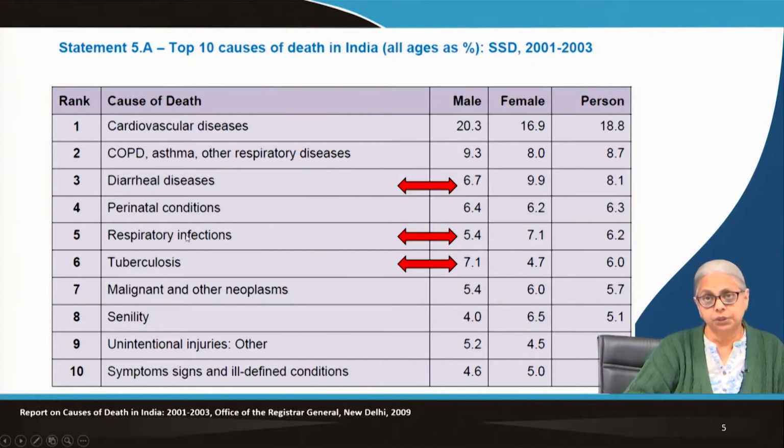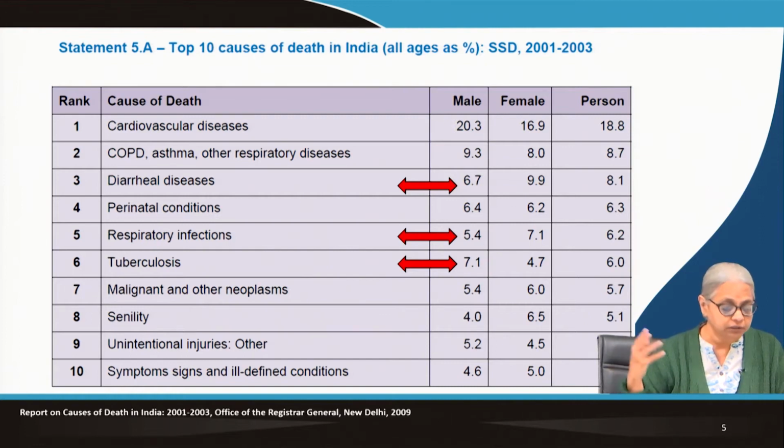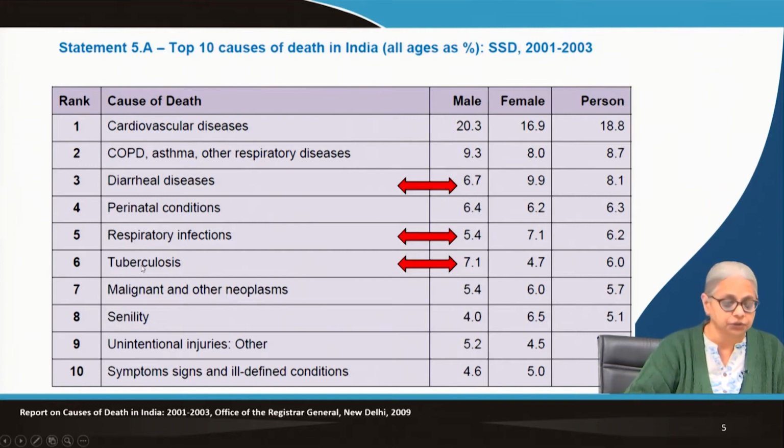Then we come to respiratory infections and tuberculosis. So these are number 5 and number 6, and it's very difficult to control respiratory infections. You know that you can control water, you can control food, but to control airborne diseases is very, very difficult. We are living through the COVID pandemic, and we have realized how difficult it is to control such an infection.